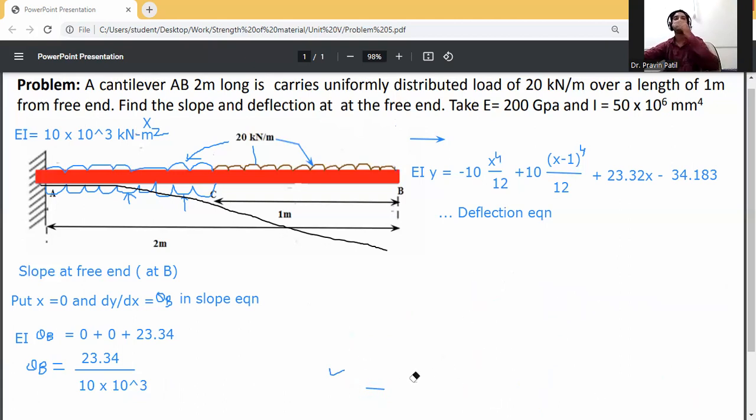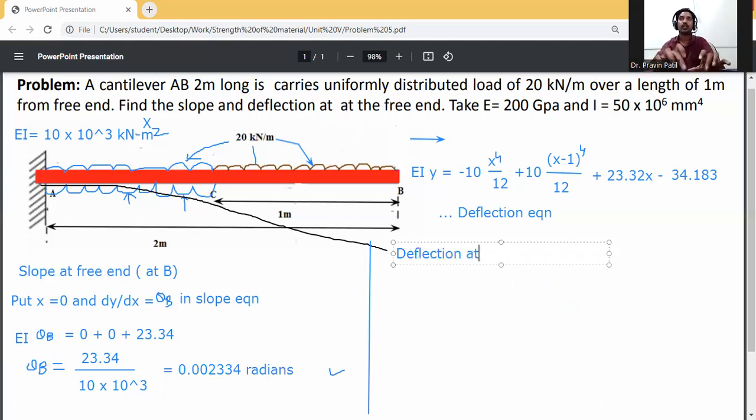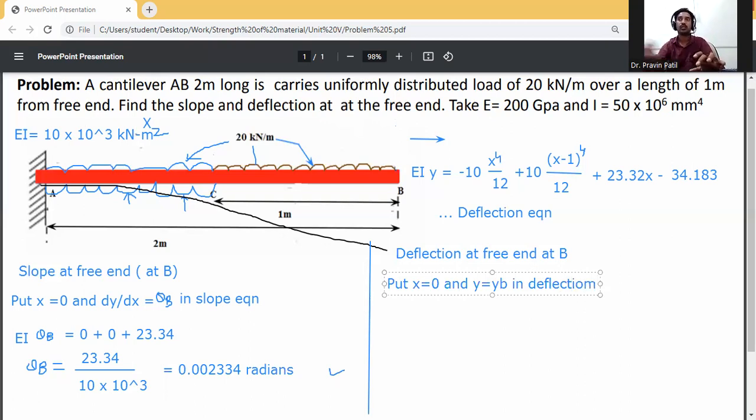Deflection at free end means at B. So put x is equal to 0 and y is equal to yB in the deflection equation.